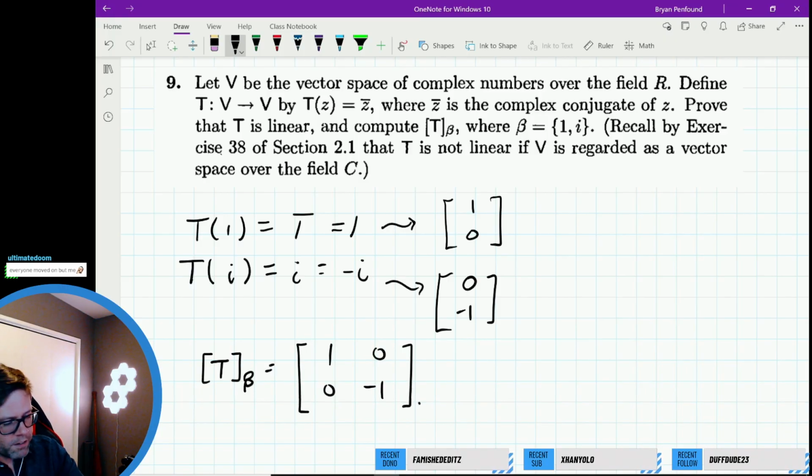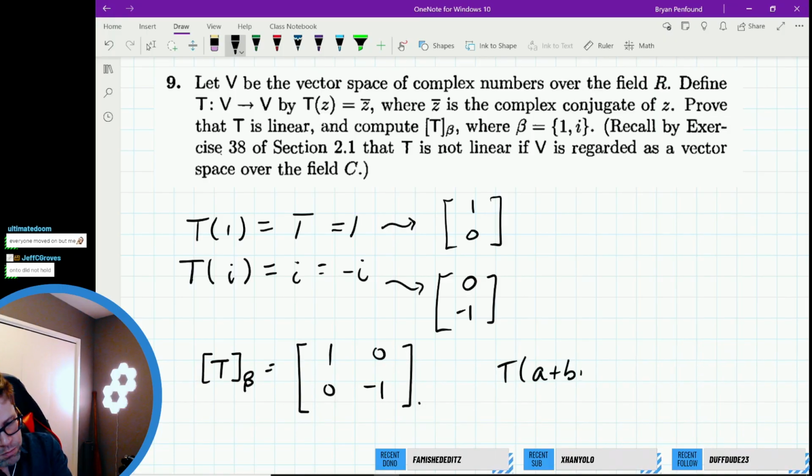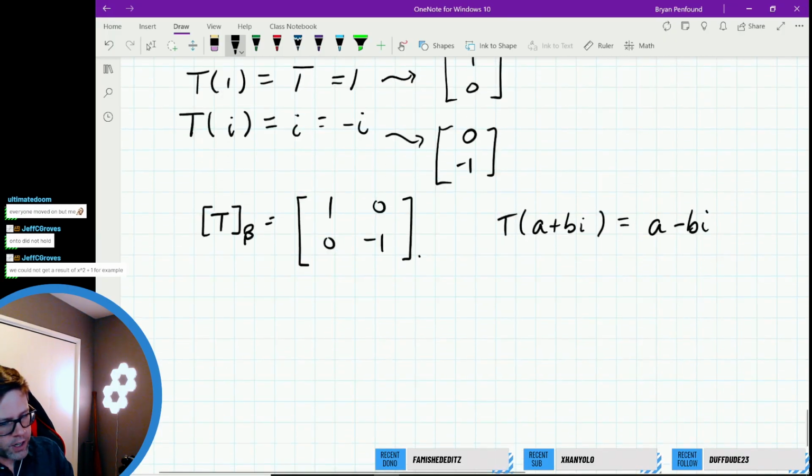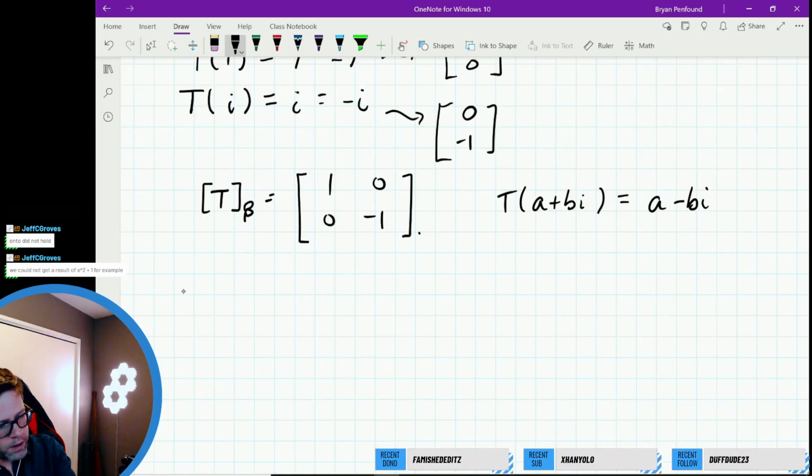And we could probably verify that that's true because we know that T of a plus bi should be equal to a minus bi, right? It should go to its complex conjugate. And over here, if we're working with vectors, I know that this matrix times some (a, b) with respect to 1 and i should come out to be this multiplication.